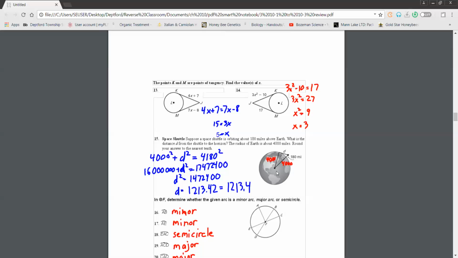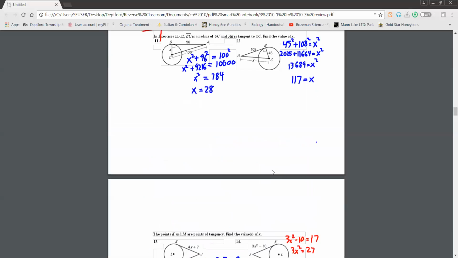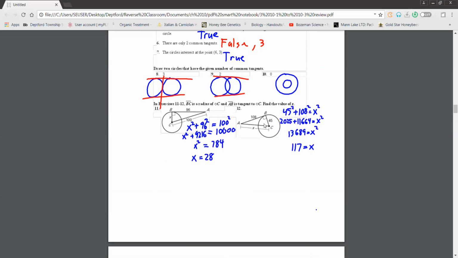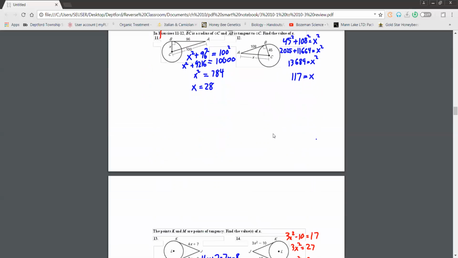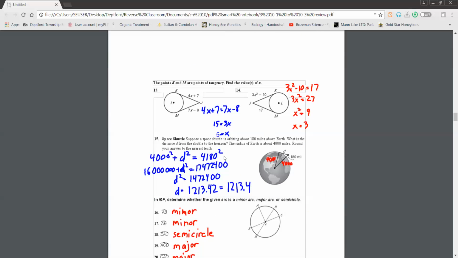15, this is harder than what's on the quiz. It's the same concept as 11 and 12. The difference is my numbers are bigger, but also where my numbers are. So it tells me the space shuttle is 180 miles from Earth. That's just this little section here. So then the radius is 4,000.